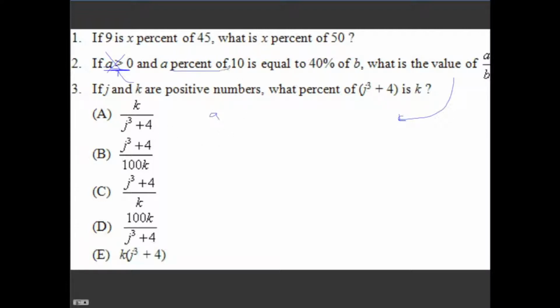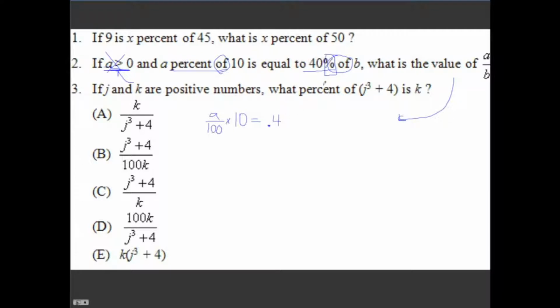So A% of 10. So A over 100, remember percent of indicates dividing by 100, so A divided by 100. And percent of 10, of means multiply, so A over 100 times 10 equals 40% of B. So percent of means 40% is 40 divided by 100.